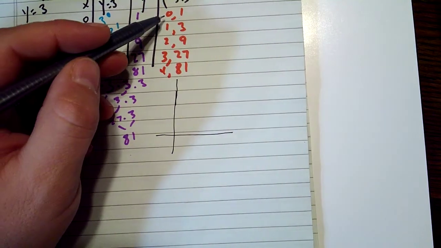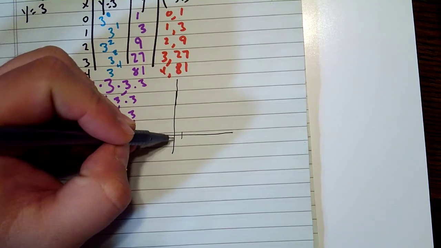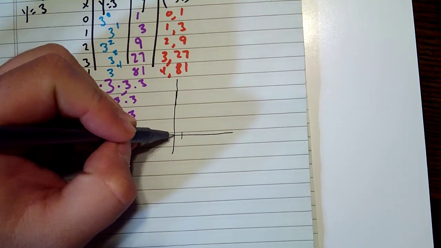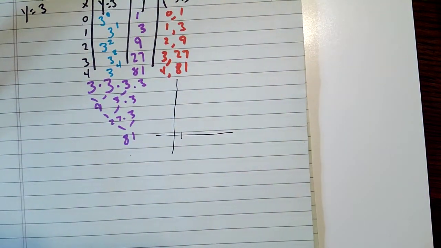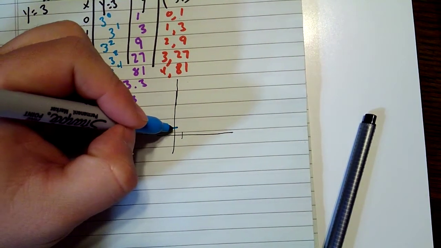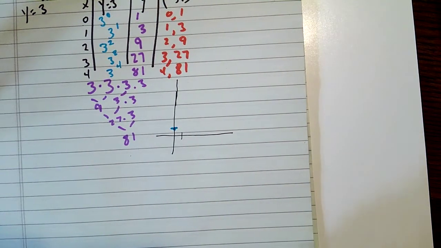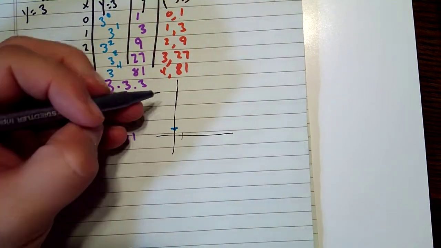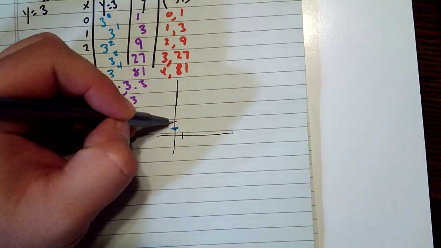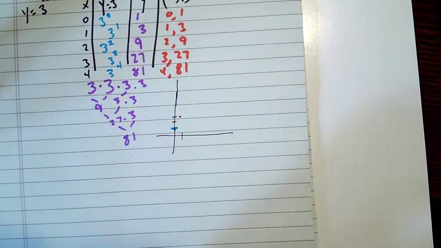Okay, so my x value is 0, 1, okay? Oh, that's 1, not 0. So here's 0. We'll do blue, 0, 1. So there's my first dot right there. My next point is at 1, 3. So that's 1, 2, 3. So my next dot is right there.